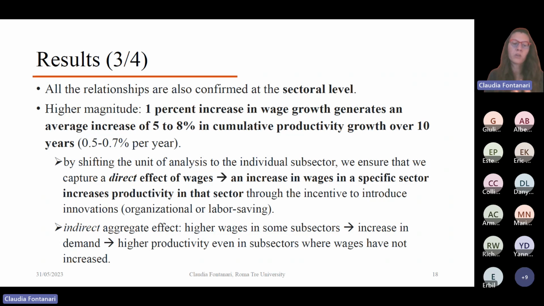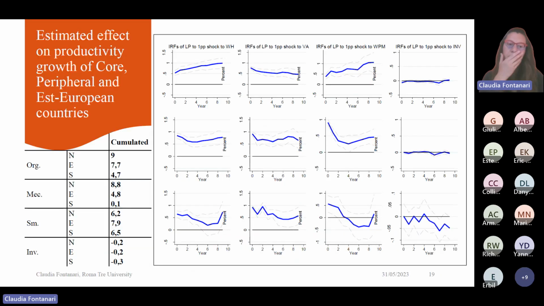Of course, we control for this with the Smith effect, but still having the confirmation of the relation at the sectoral level ensures us that we are capturing a direct effect of wages. So an increase in wages in a specific sector increases productivity in that sector.